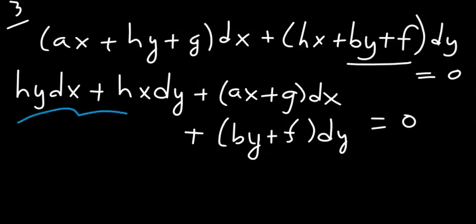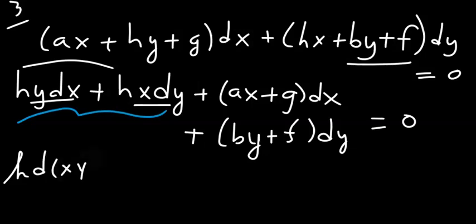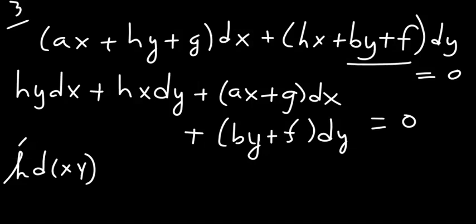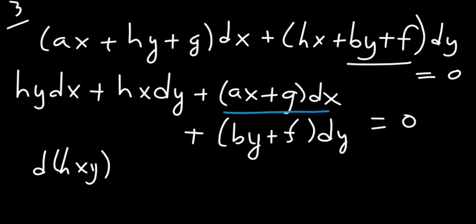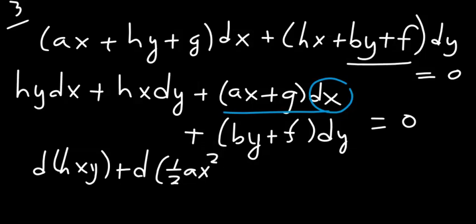Let's combine the first two terms into a differential, and that's easy. Both contain h, so you can take that out, and you can absorb this term and that term as quite simply the differential of xy. Since h is a constant, you can absorb the h inside the differential. Now let's do the term which is multiplied by the differential of x. That can be done in the following manner. It is simply the differential of half a x squared plus gx.